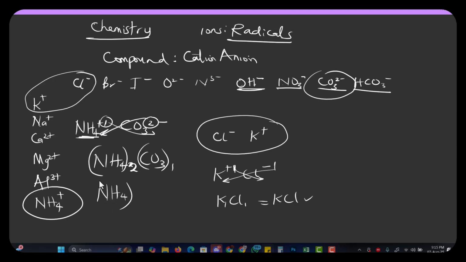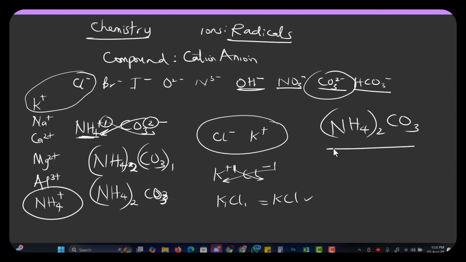(NH4)2CO3. The 3 is written below, like this. This is the proper way to write it. Please, the way I wrote it before wasn't correct. So this is the proper way to write it.